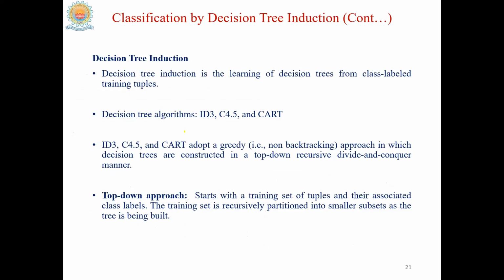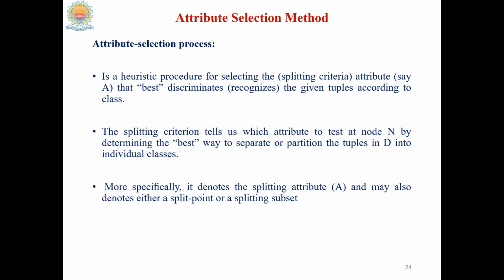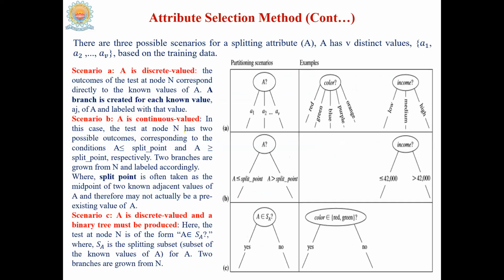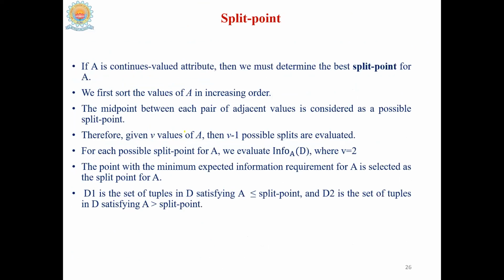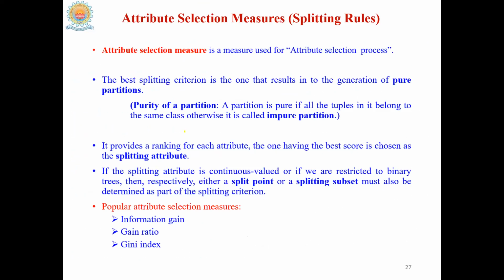So what is the attribute selection measure process? That process includes three measures, based on the type of the attributes. We already know the split point, splitting subset, and case one is the general case. So we have three measures for that: information gain, gain ratio, and Gini index.